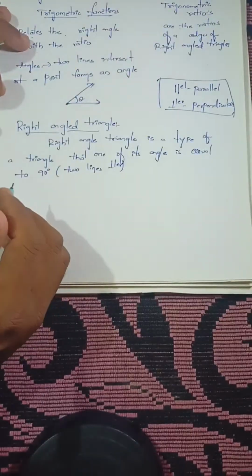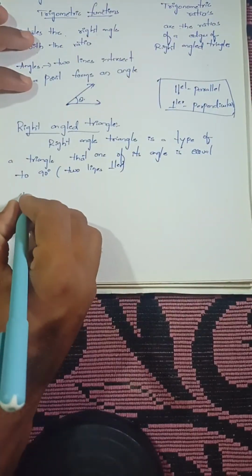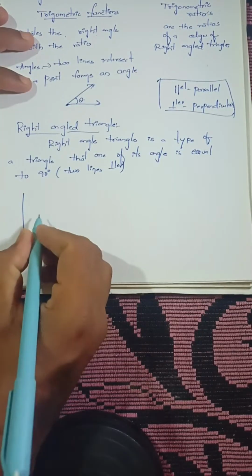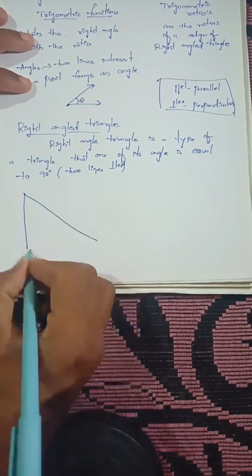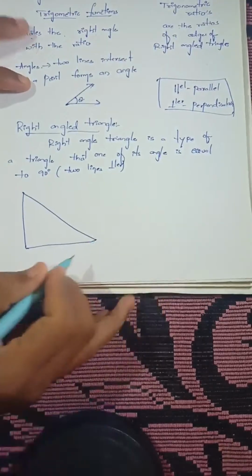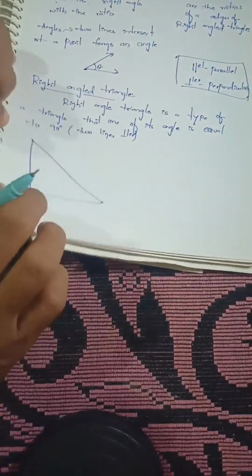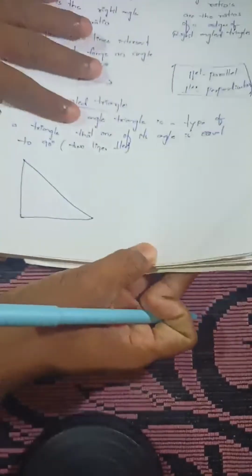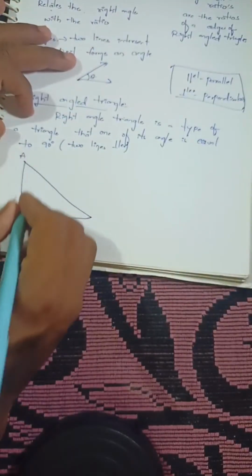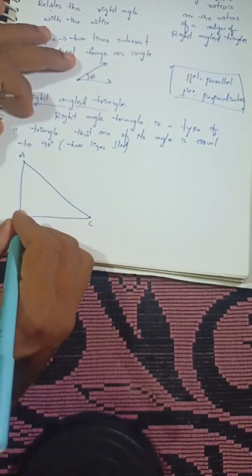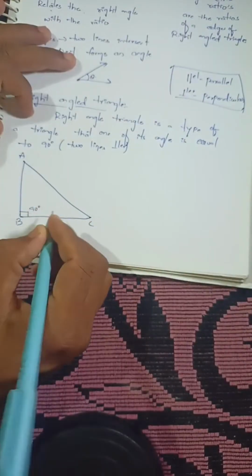Now we are going to draw the right angle triangle. So this is the right angle triangle. Roughly I am drawing a right angle triangle. I am taking the angle here. Now see, if you take angles A, B and C, this is the perpendicular line we are getting.